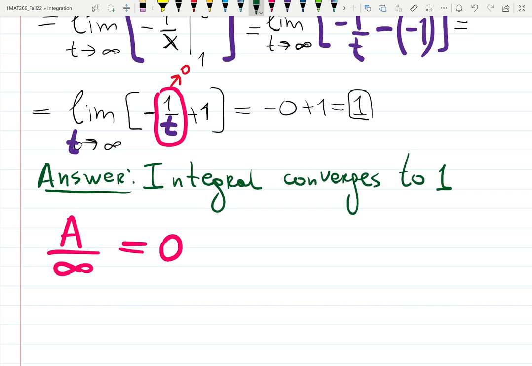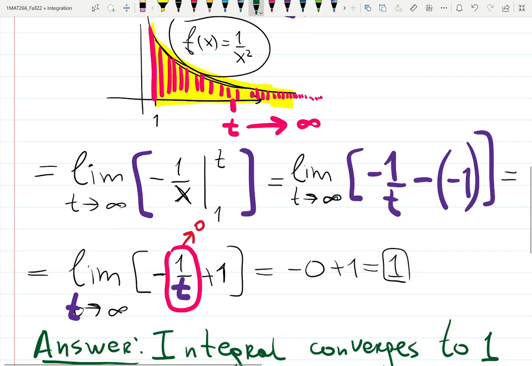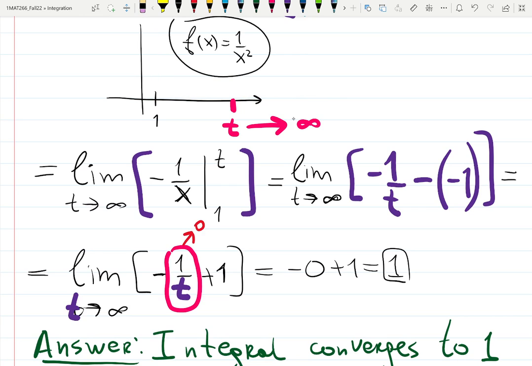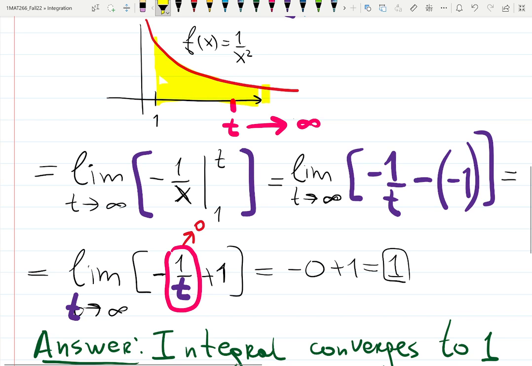That means that the area below this graph, 1 over x squared, starting from 1, even though we keep adding more and more pieces, just gets tinier and tinier, but the total number is found.